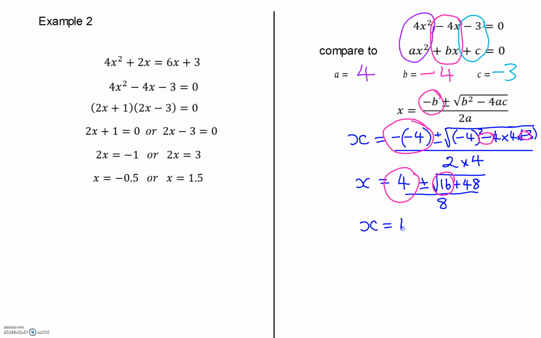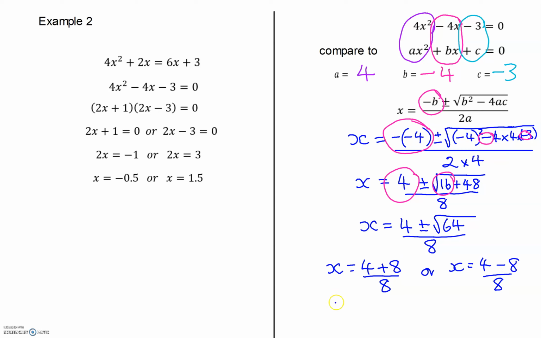So x equals 4 plus or minus the square root. 16 plus 48 is 64 all over 8. Now the square root of 64 is 8. So we end up with two solutions, that x equals 4 plus 8 all over 8, or x equals 4 minus 8 all over 8.